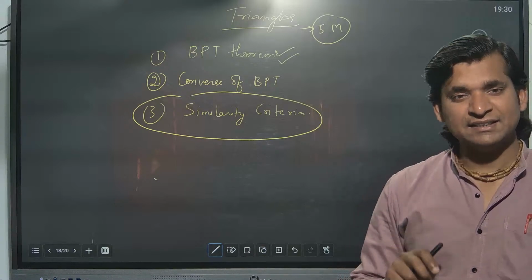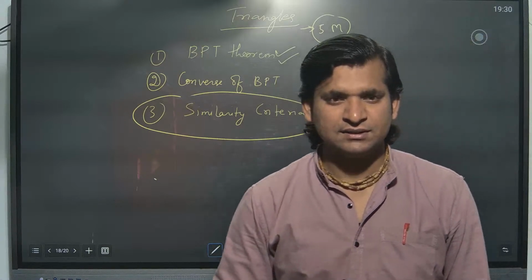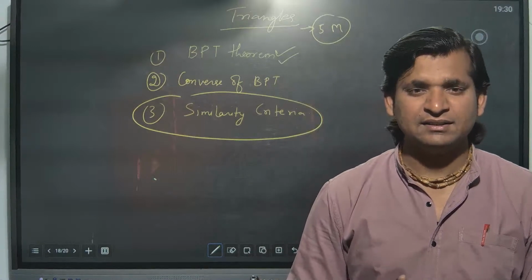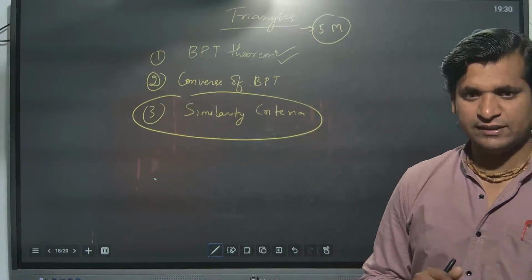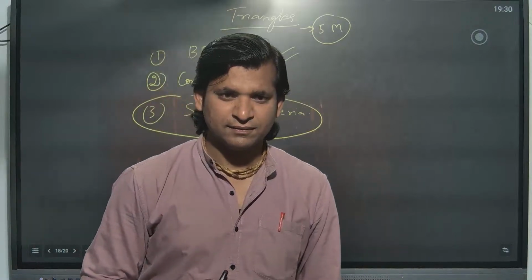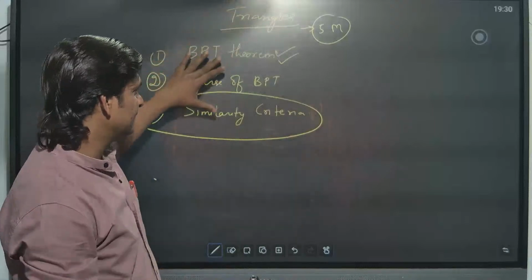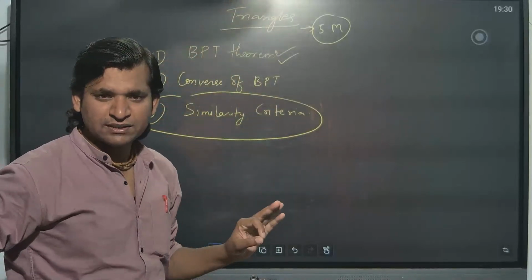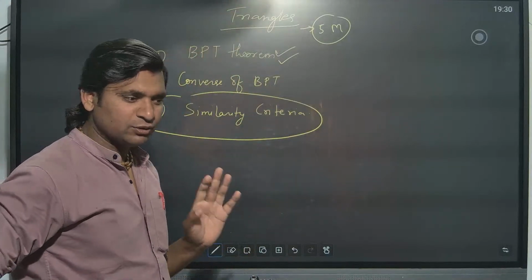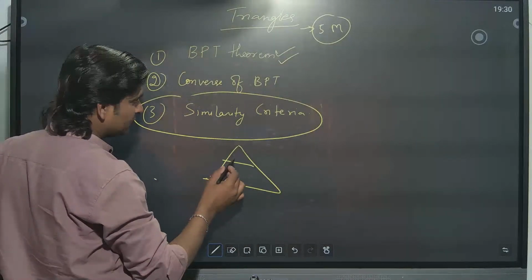If two sides are in proportion and one angle is equal in both the triangles, then we say they are similar. These criteria are very important for proving sums. In this chapter there will be no numericals, except one numerical on BPT which they will ask just as an MCQ.